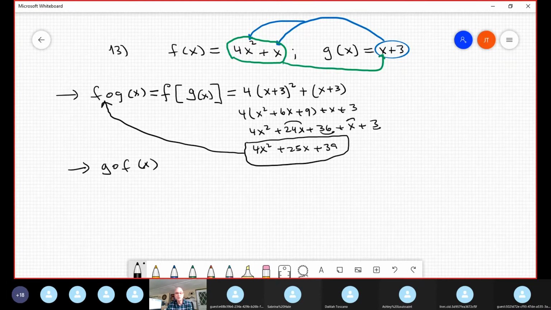So we have 4x squared plus x replacing this x, and it's plus 3. End of story. I finished. Any question?